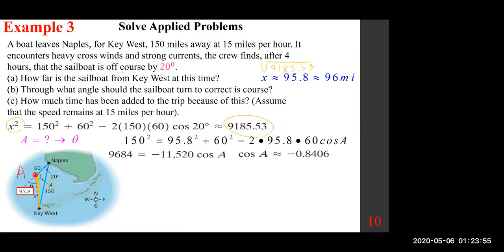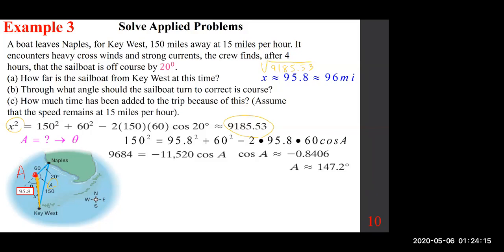Again, I have no idea what that angle is because it's not a common arc. We use the inverse function to get to A. So the inverse function gives us the A. I can't emphasize this enough, everybody, the inverse function, okay?